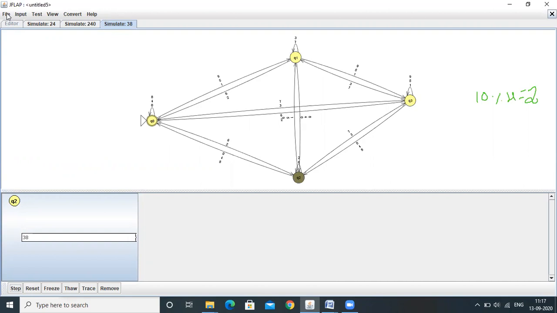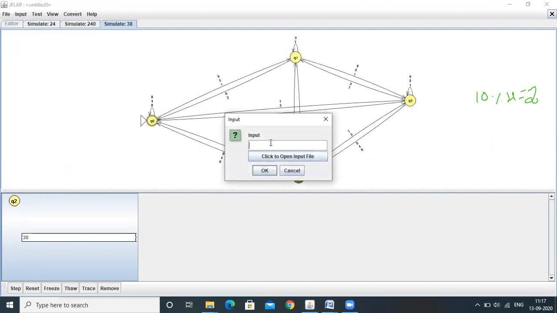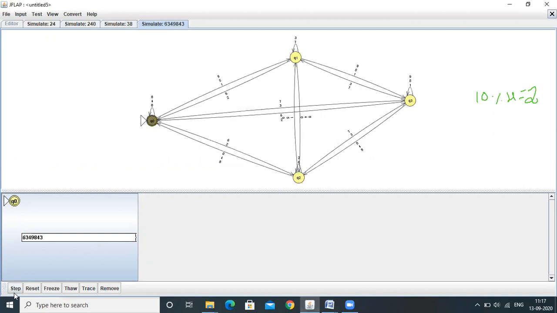Let's take another example. Consider a random number, 6349 8. Q0 on 6 goes to Q2, remainder is 2. Q2 on 3 goes to Q3. 63 modulo 4, remainder is 3.